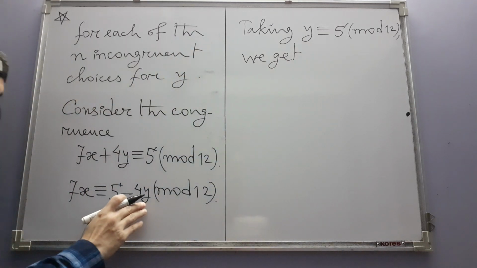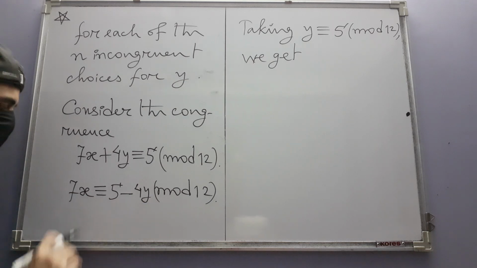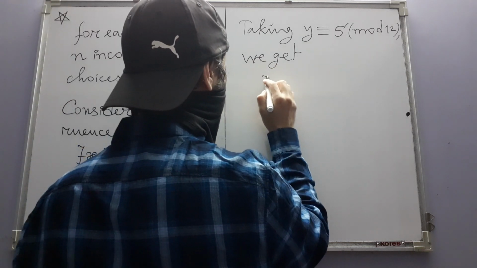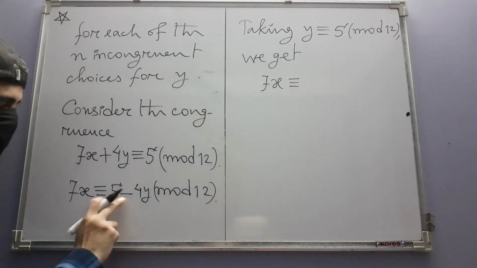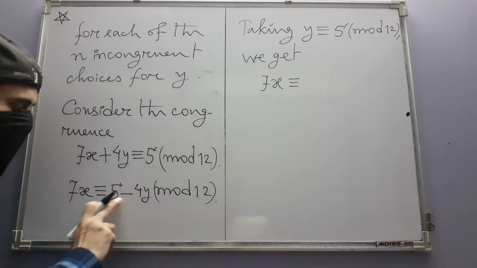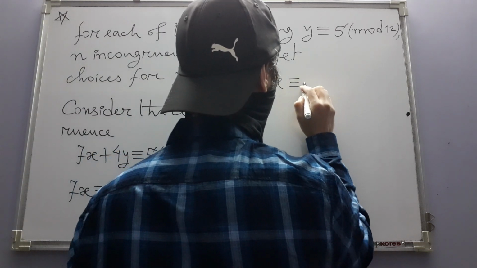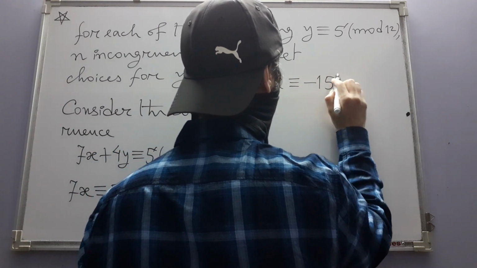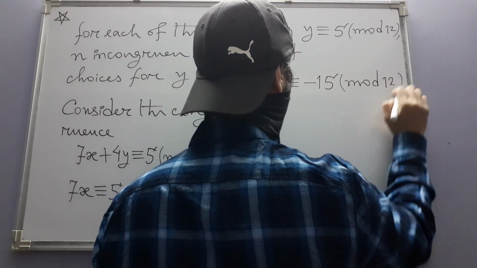So if you just substitute 5 in place of y, what will you get? 7x congruent to 5 minus 4 times 5. 4 times 5 is 20. 5 minus 20 is minus 15, mod 12.